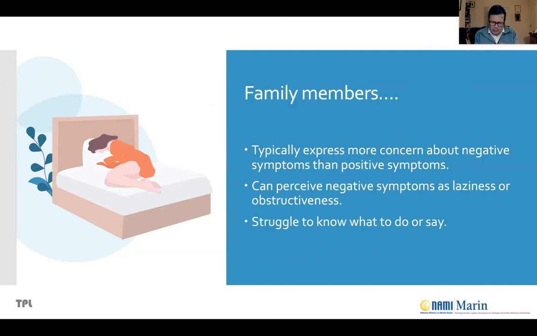So it's really important to get the communication right so that they're not perceiving it in that way, because that appears like a kind of confrontation that worsens the negative symptoms. I think it's fair to say that family members do struggle to know what to do or say for a loved one with negative symptoms. Now, this video is going to give you a strategy.